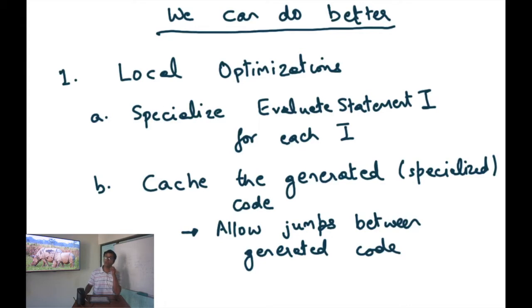And then let's say there was a loop in the source program. So now again, I'm supposed to go back and specialize statement 1. Now, maybe if I know that the loop is going to execute in the source code 10 times, then maybe I could specialize each statement 10 times, in their correct order.